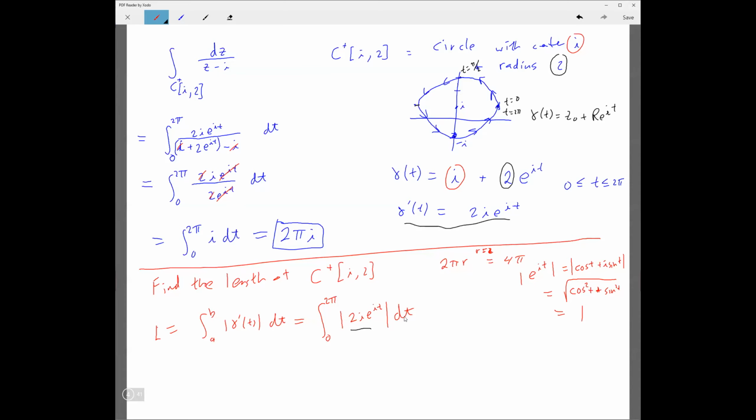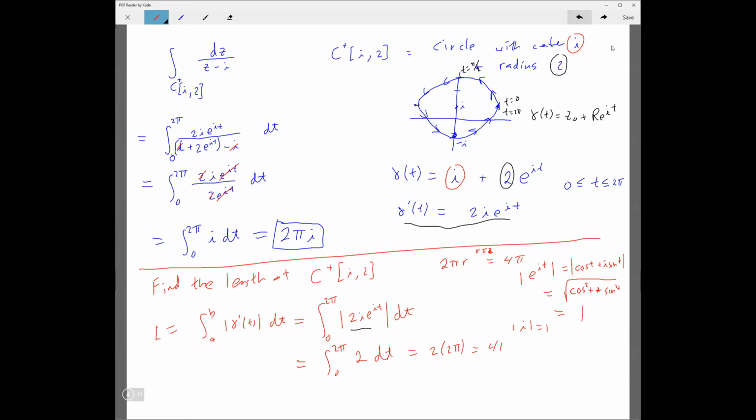So the modulus of that part is just 1, and the modulus of i is also 1. So the modulus of all this is just 2. So the answer is 2 times the integral, which is 2 pi. So it's 2 times 2 pi, which is going to be 4 pi.